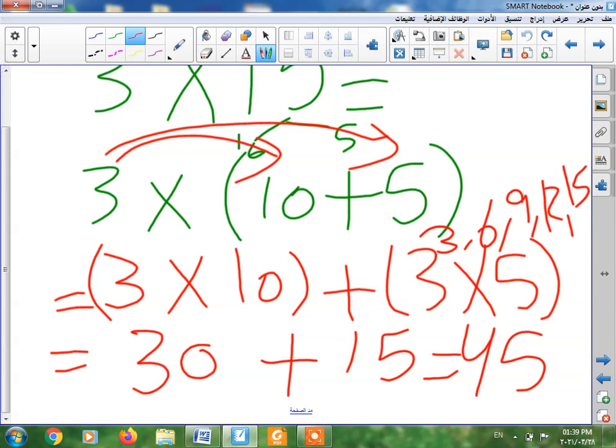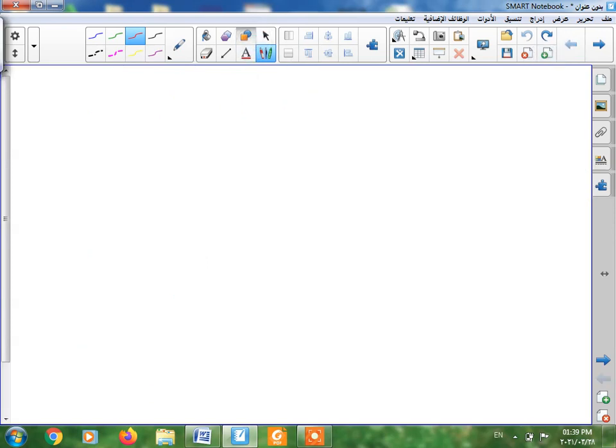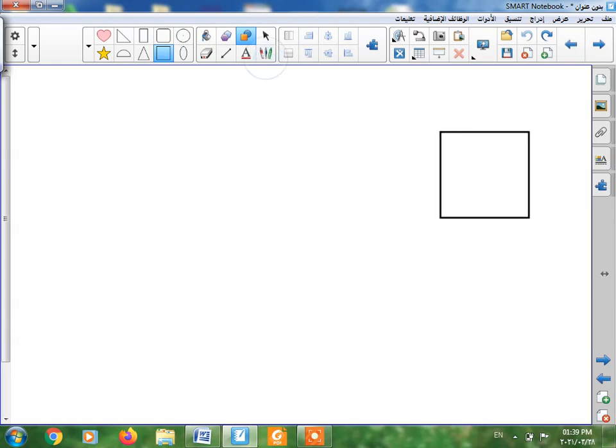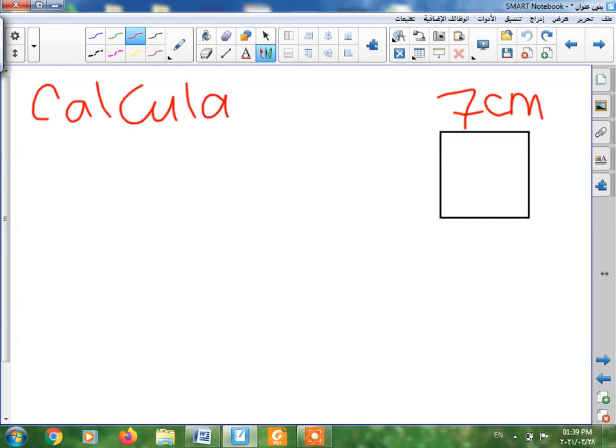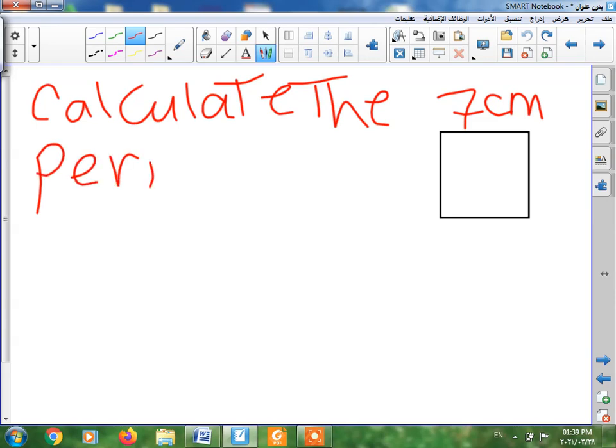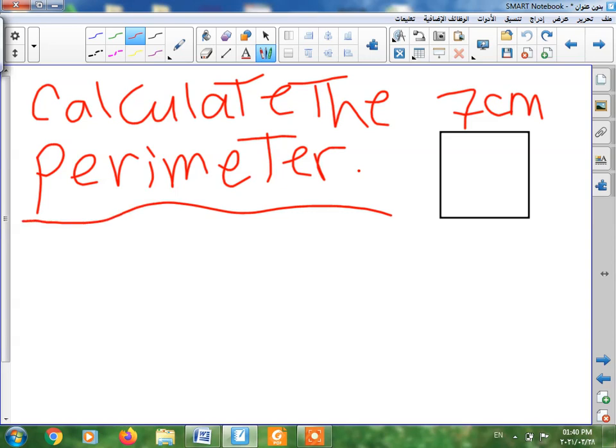After this, how do we find the perimeter of a square? If I find a square and write the side length equal to 7 centimeters, calculate the perimeter of the square. For the perimeter of a square, we must write the rule.